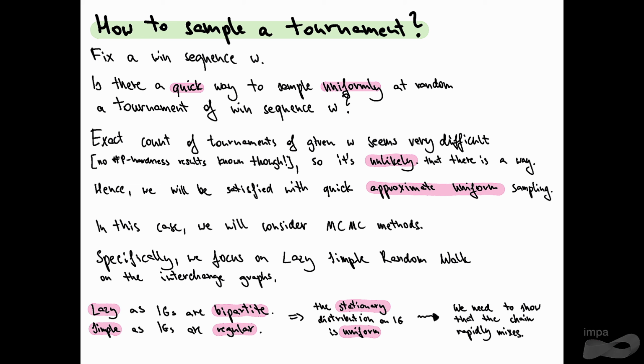All we need to know now, to show that it's a reasonable algorithm, is that it converges quickly to the stationary distribution. In order to do that, we will need to prove that this chain rapidly mixes.